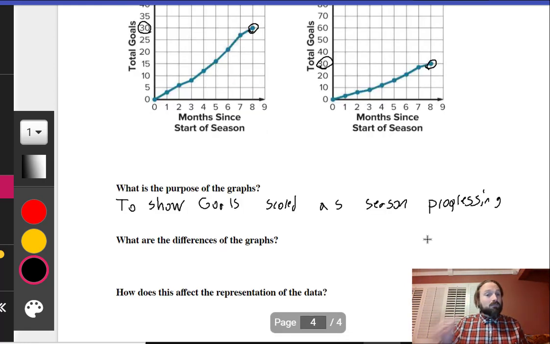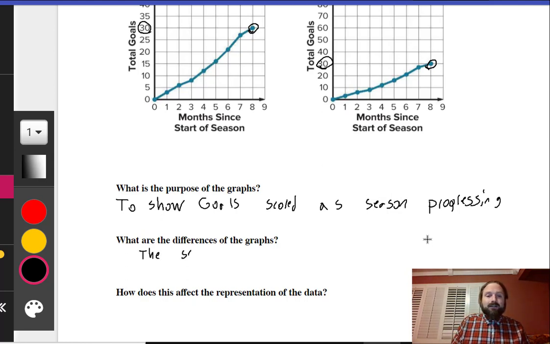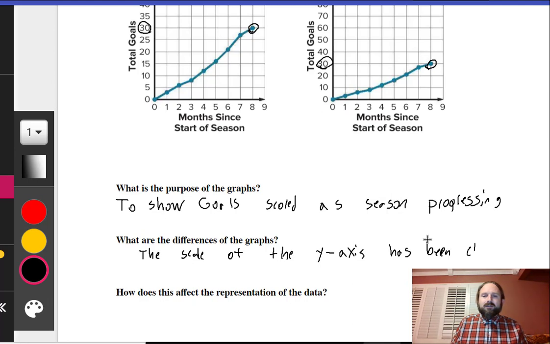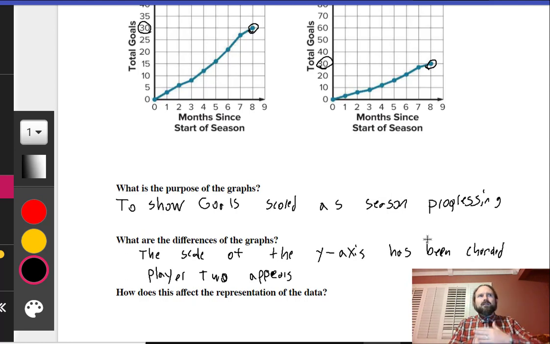So what are the differences? Just said it. The scale of the y-axis has been changed. It actually looks like player 2 appears half as much because it's growing by tens instead of fives.